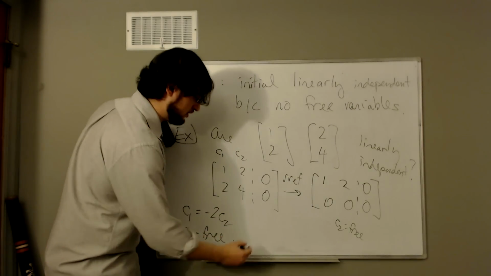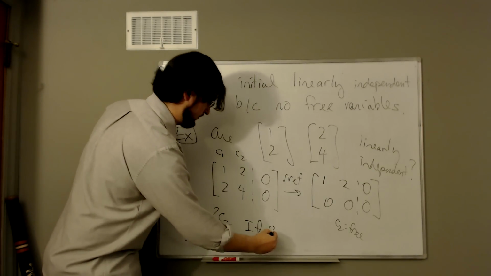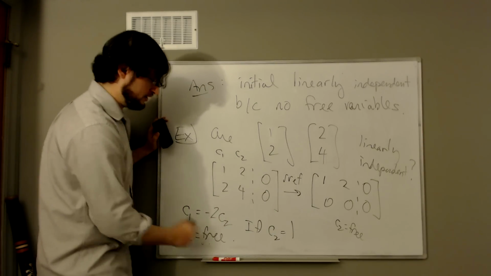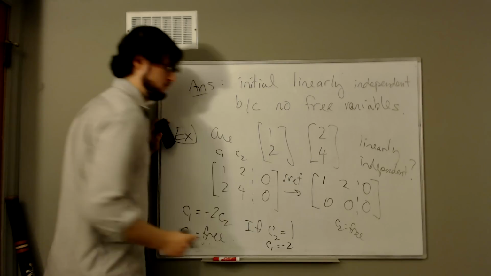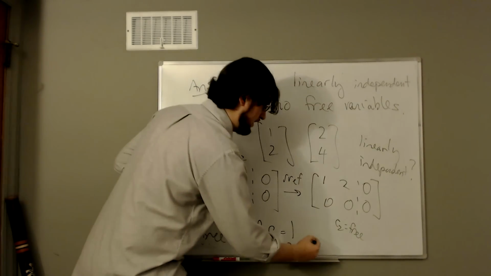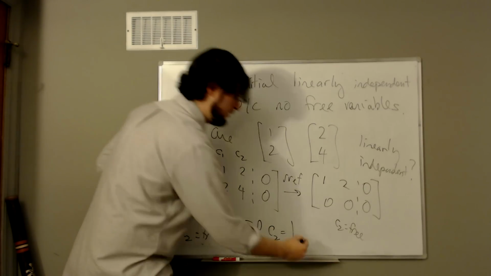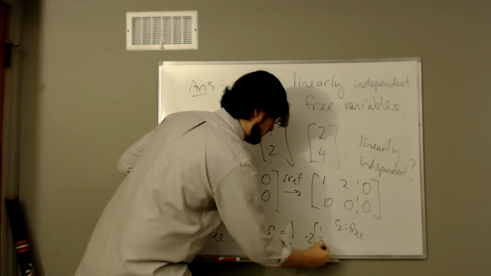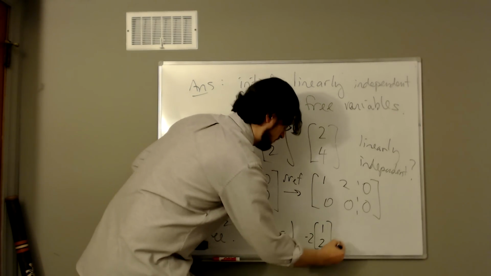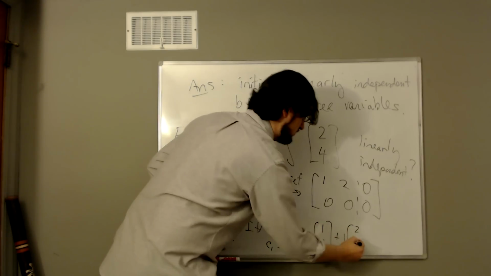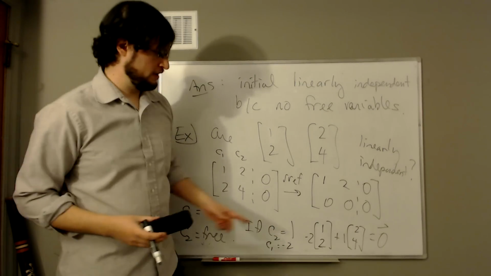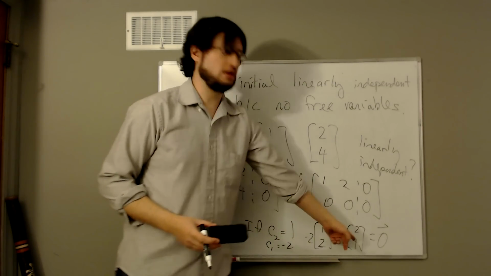So we can find a particular one. If C2 is 1, then C1 is negative 2. And then I can say that negative 2 times this vector plus 1 times the second vector equals 0, which is certainly true, because I get a negative 2 and a 2, a negative 4 and a 4.